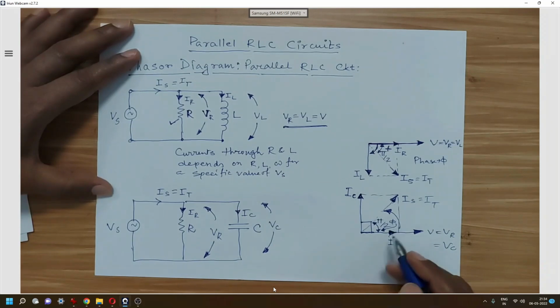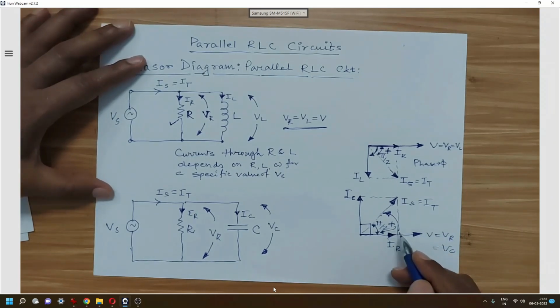This angle is the phase angle, and it is called the leading phase angle because the current is obtained in an anti-clockwise position. So the current IS is found after rotating in the anti-clockwise direction. That is why this total or resultant current is a leading phasor over the voltage, and that is why this circuit is called a capacitive circuit.